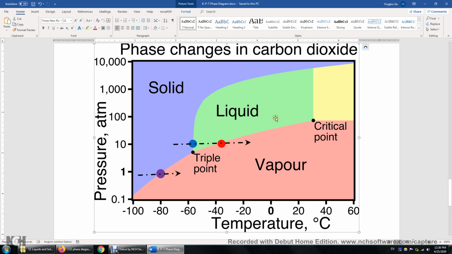At higher pressure, let's say 100 atm and 0 degrees Celsius, CO2 is a liquid. And then if we further increase the pressure to several thousand atm, CO2 is a solid at 0 degrees Celsius. So even if the temperature is held constant at 0 degrees Celsius, CO2 may exist in the gas phase, liquid phase, or solid phase, depending on the pressure.